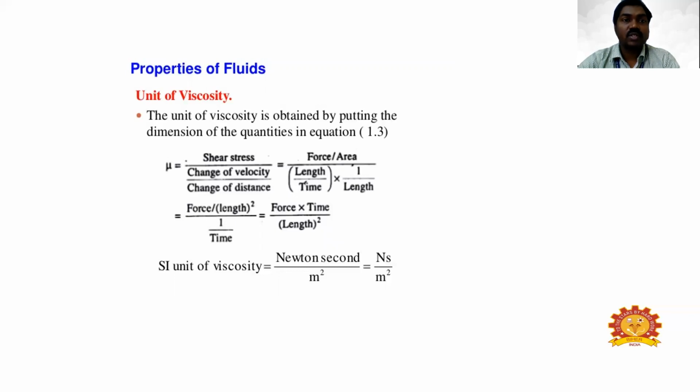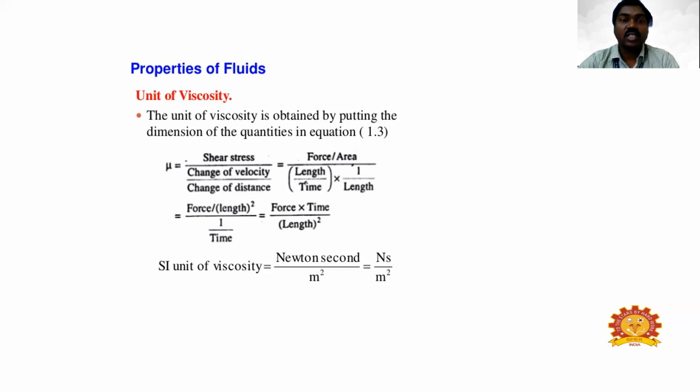So, the unit of viscosity. The unit of viscosity is obtained by putting the dimensions of the quantities into the equation. So, mu equals shear stress divided by change in velocity over change in distance. Shear stress is force per area.